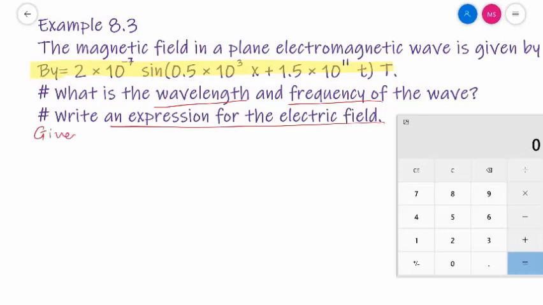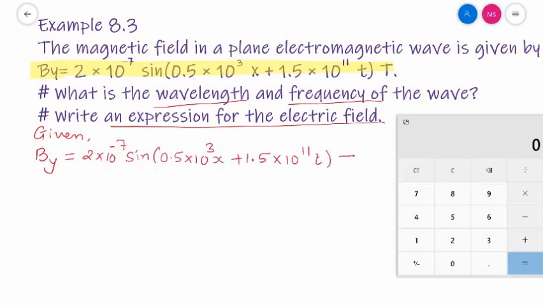In this example, the equation of magnetic field is given, that is B of y equal to 2 into 10 raised to minus 7 sine (0.5 into 10 raised to 3 x plus 1.5 into 10 raised to 11 t) Tesla.